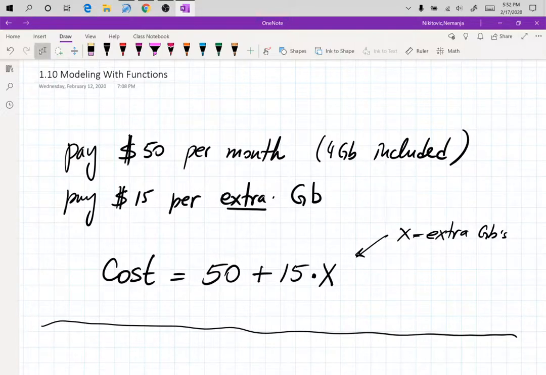Now the monthly cost can be put into an equation. It's a linear equation of the type y equals mx plus b, where b, the y-intercept, is the 50 flat, and then you have plus 15 times each extra gigabyte. That will be x, the amount of extra gigabytes.